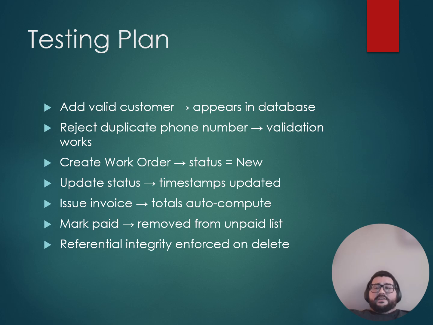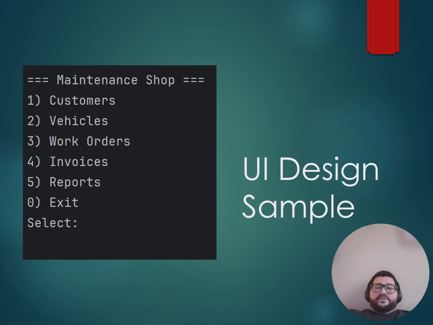And finally, we're going to have a design sample of what it's going to look like in our console. It's going to be just a simple menu: shop, customers, vehicles, work orders, invoices, and reports. Again, each of these selections are going to have a sub menu that's going to open to create and remove, etc., etc.